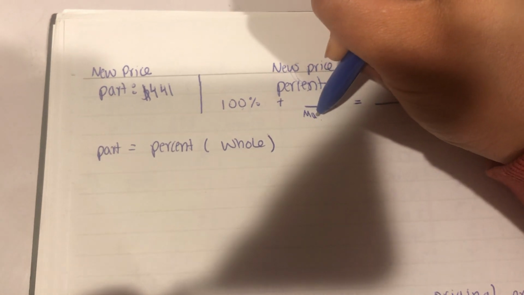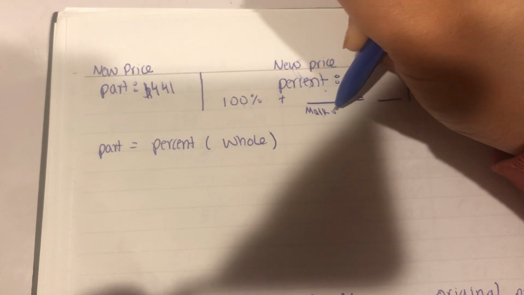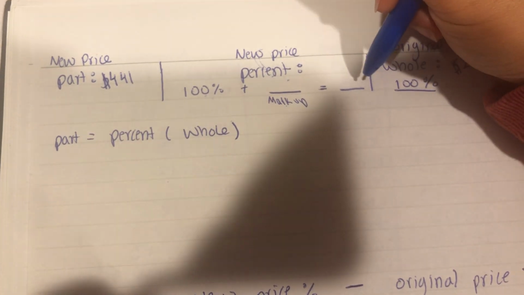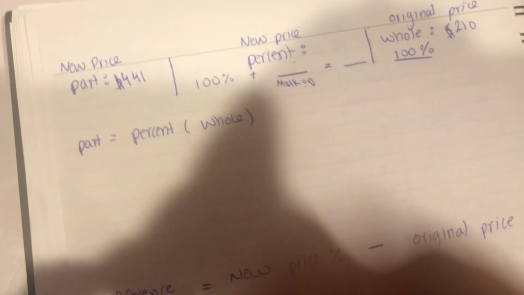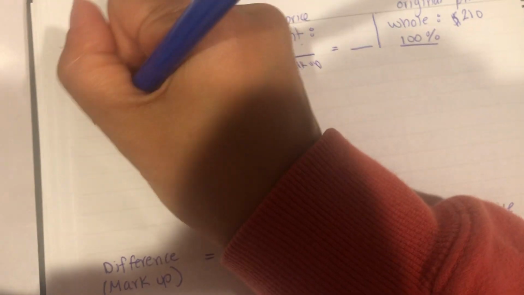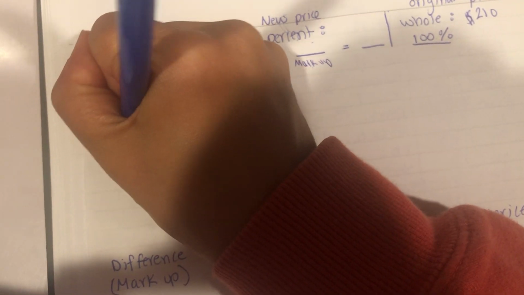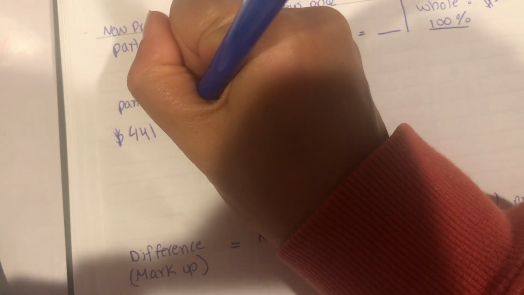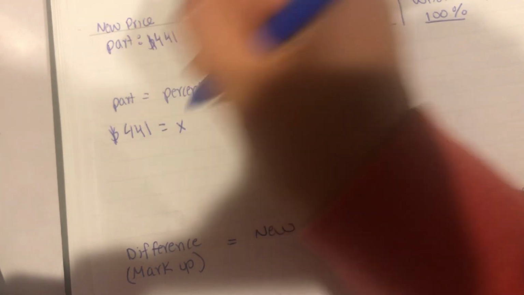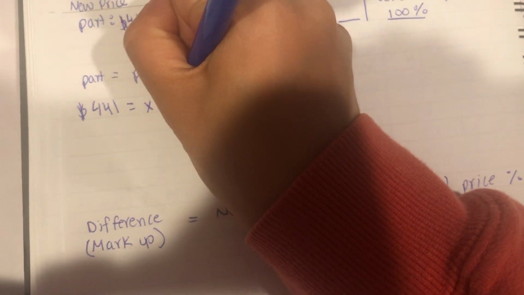So I'm going to write markup here is going to equal the percent of the new price, since the whole is at 100%. So when I substitute, we're going to put the part, which is $441, equals the percent, and I'm going to put X times the whole, which is 210.